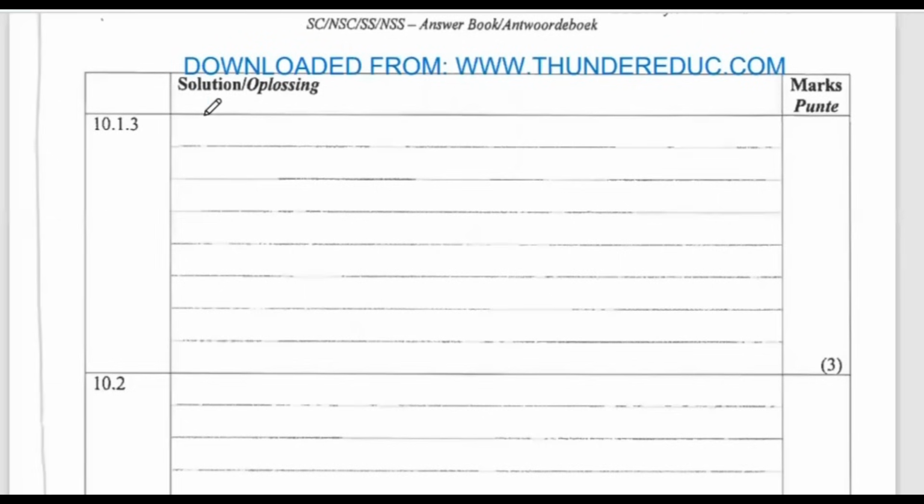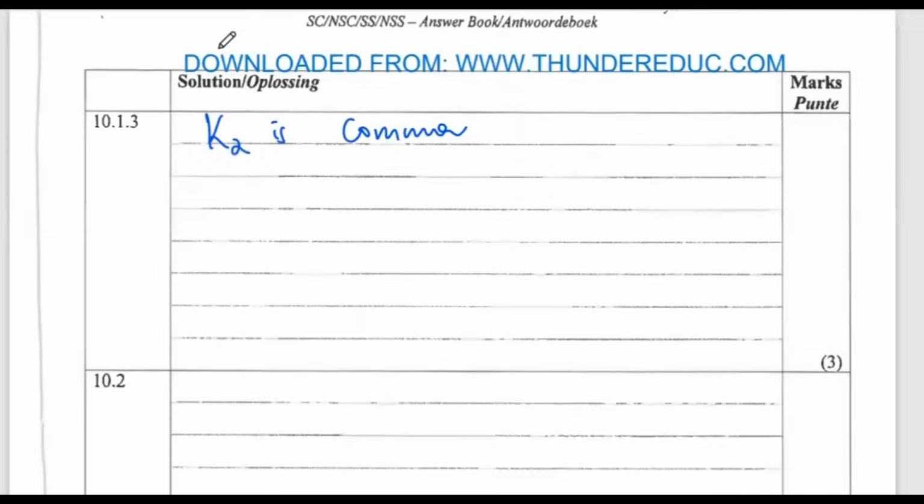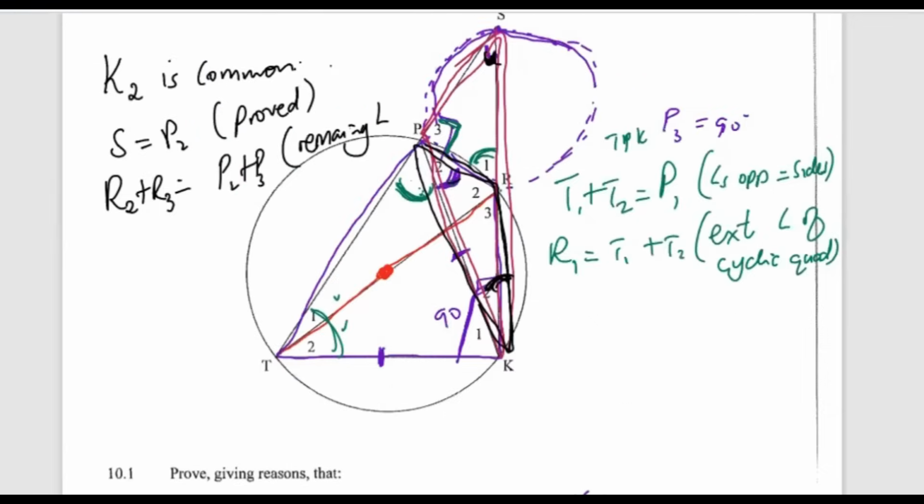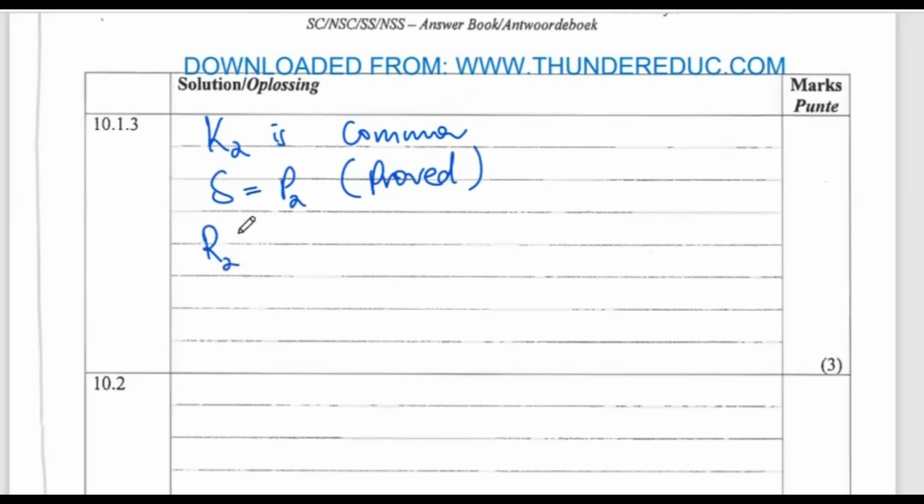All right, so K2 is common. Previous question, S is the same as P2. We proved that. And R2 plus R3 must be the same as P2 plus P3.